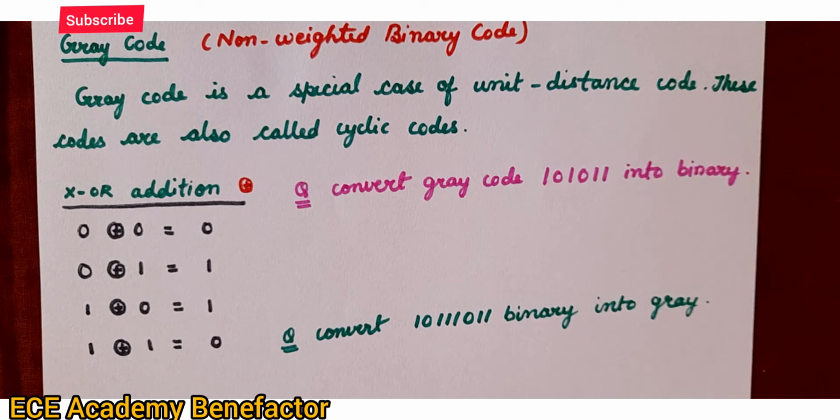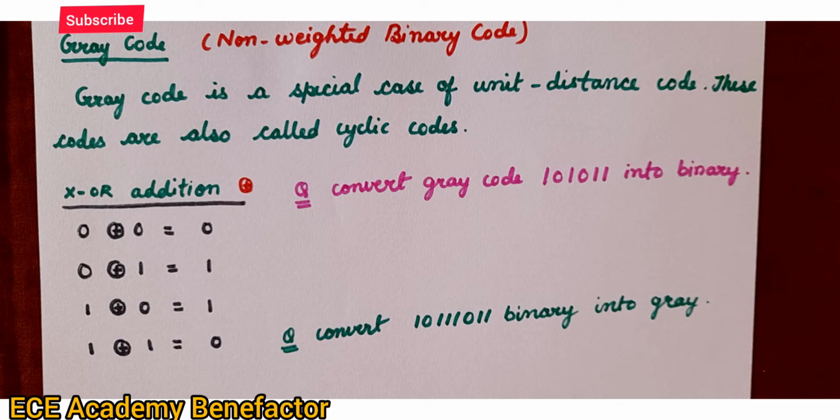And we have seen weighted binary codes, that is a BCD code, in the previous class. As well we have seen XS3 code also. In this class we will be seeing the Gray code, how to convert a Gray code to a binary and binary to Gray. Okay. So, Gray code is a non-weighted binary code.